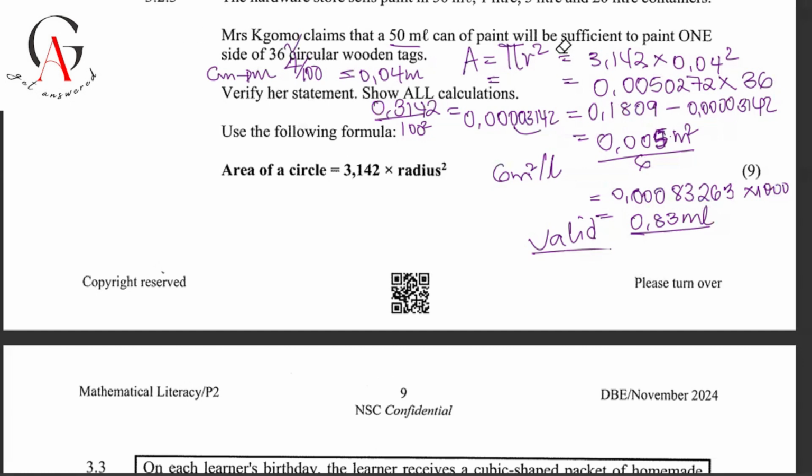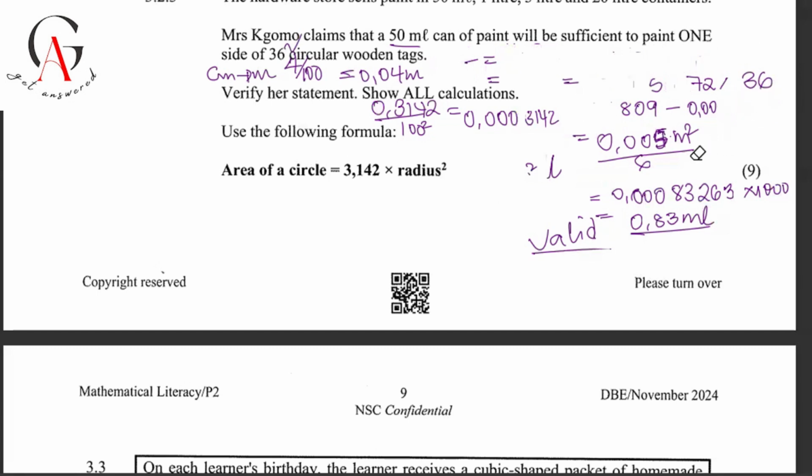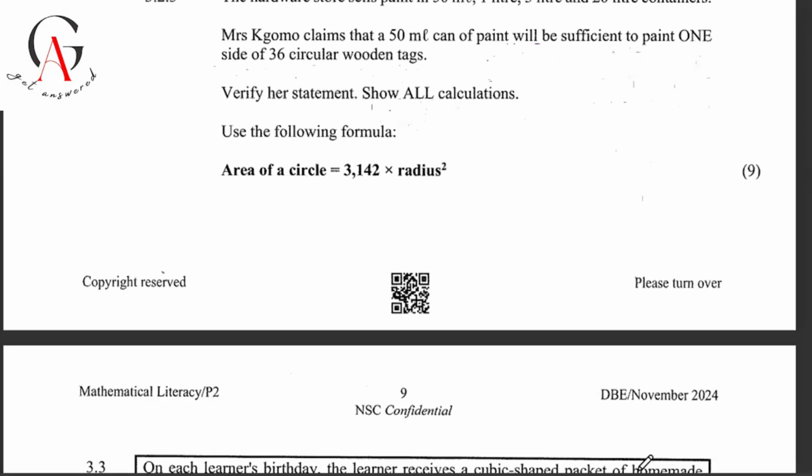Let me see the other way around. Or the other way around, you would have said the area of that circle there, which was supposed to be pi r squared, times 4.